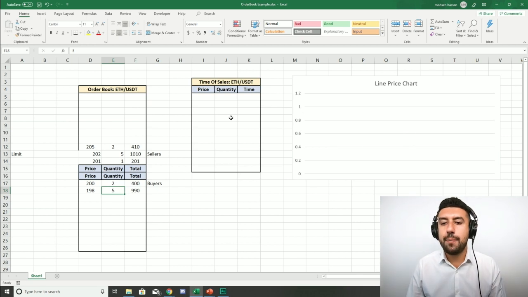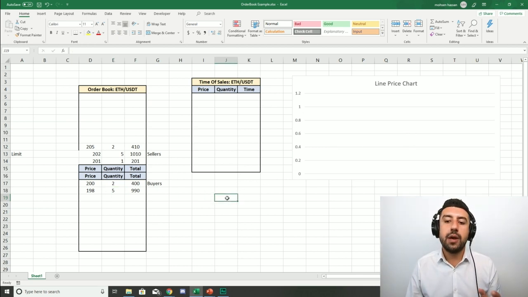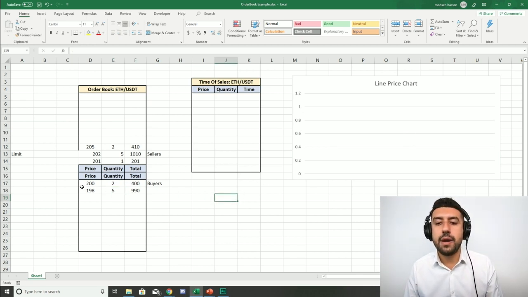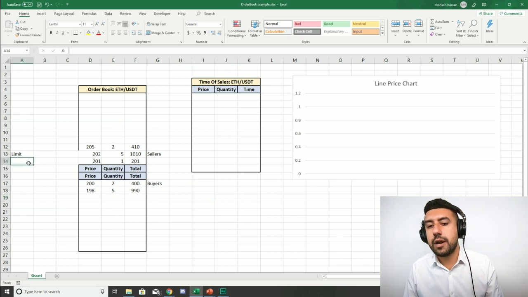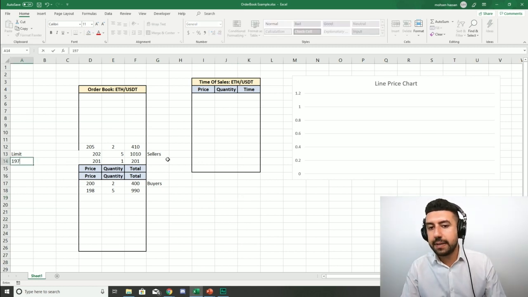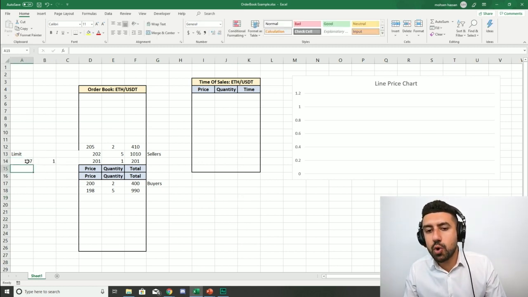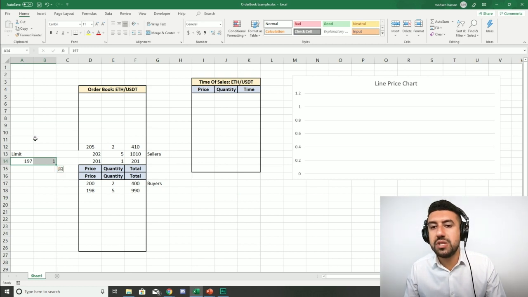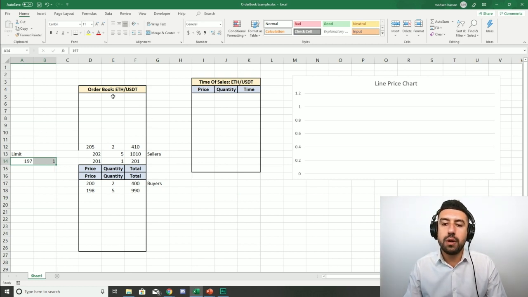Now, no trades happened yet. When is a trade going to happen? Let's say somebody wants to sell an Ethereum for 197, and he wants to sell one. Well, this order is a sell order, is going to go to the exchange. Before they place the order on the sell side, they're going to check if they can match it with a buyer.